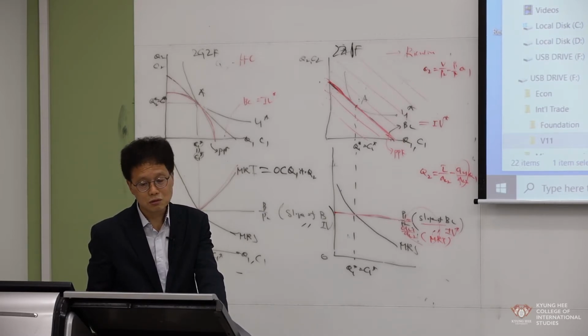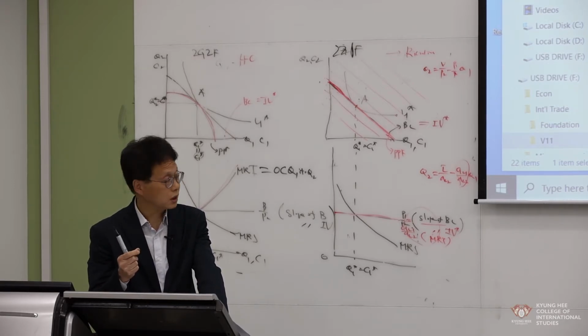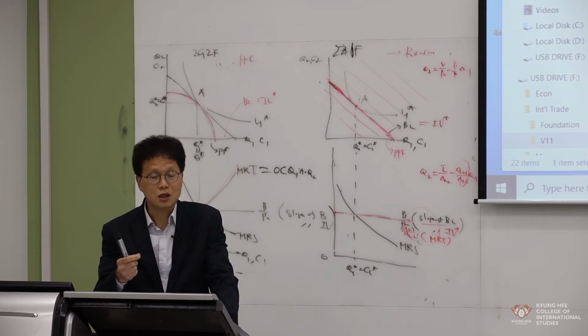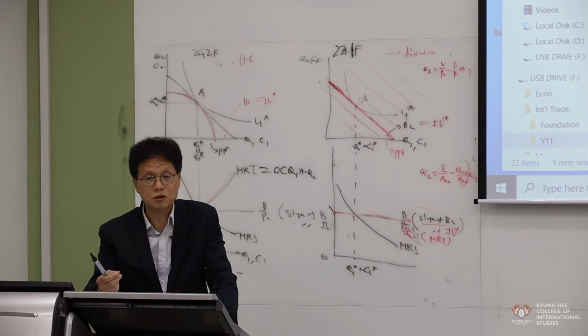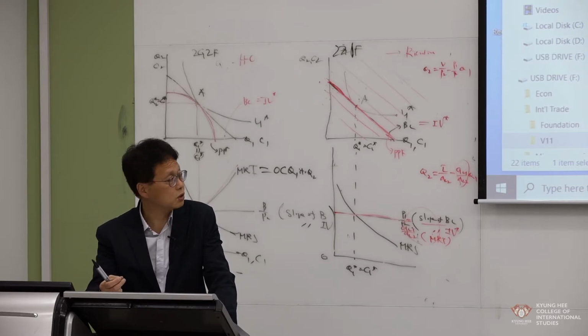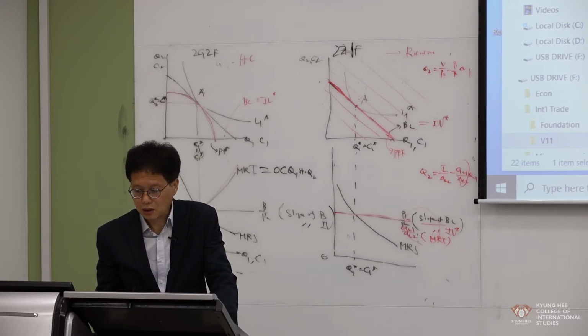In the one factor case, marginal product of labor is equal to average product of labor. So I said labor productivity decides, right? The comparison of labor productivity in two countries decides absolute advantage. Each country has absolute advantage if it is more productive than the other, right? That is the absolute advantage story.